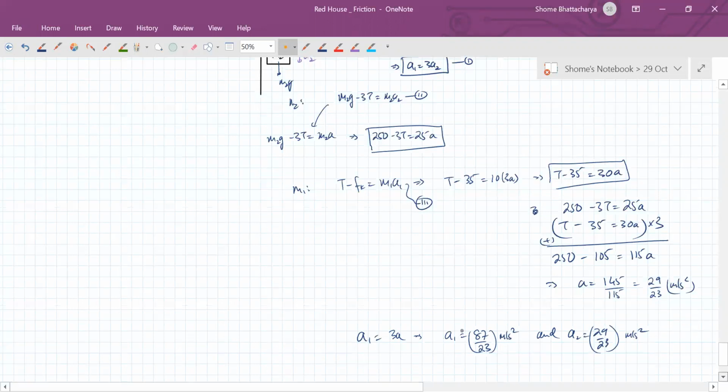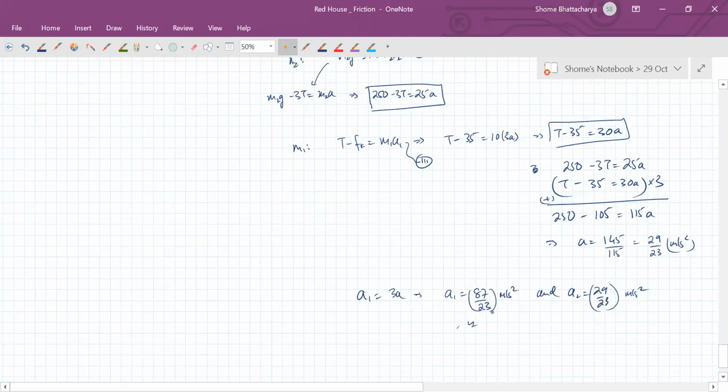I'll give you the approximate values in just a moment. So A1 is approximately 3.78 meters per second square, and one third of that, A2, is approximately 1.26 meters per second square.